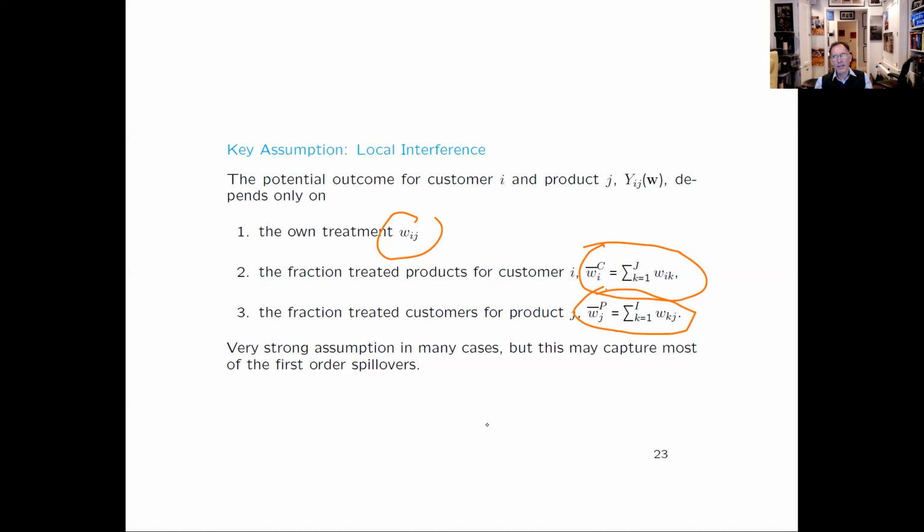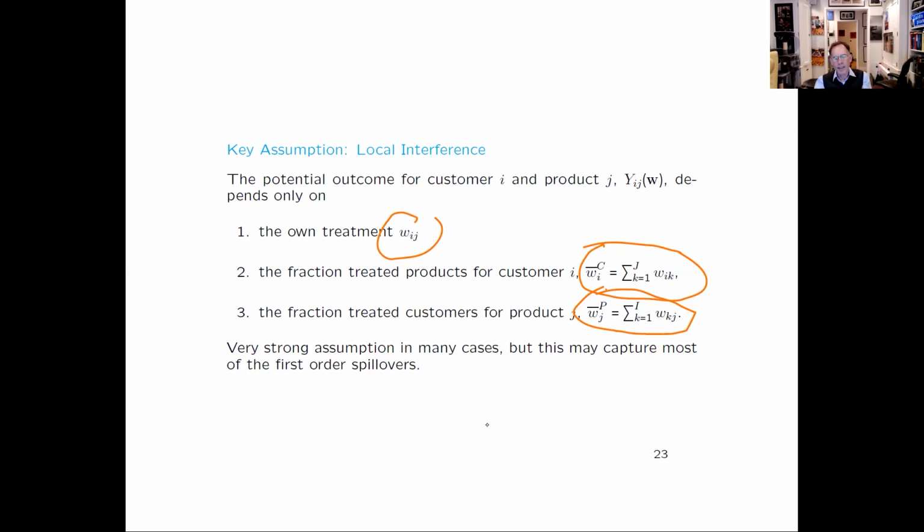And in many cases, for example, in the settings Monroe and Waage consider, spillovers may cascade down through the effects on prices in a way that allows treating one customer product pair to affect outcomes for a completely different customer product pair.